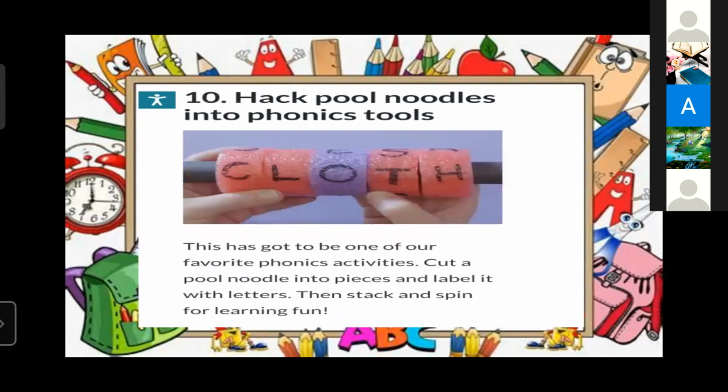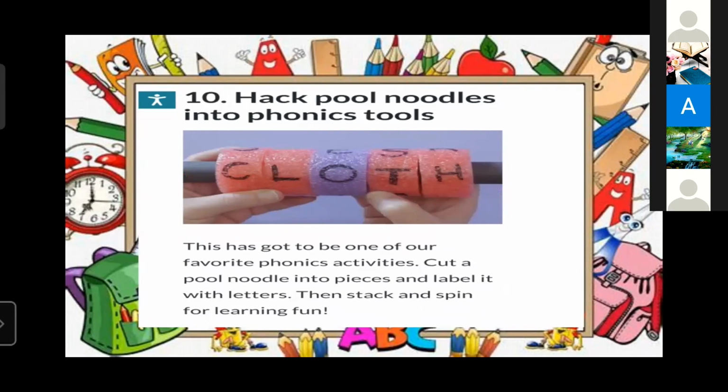Here, hack pool noodles into phonics tools. This is another game. You can play it with sponge of the different materials or the devices we buy. You can find things like this.